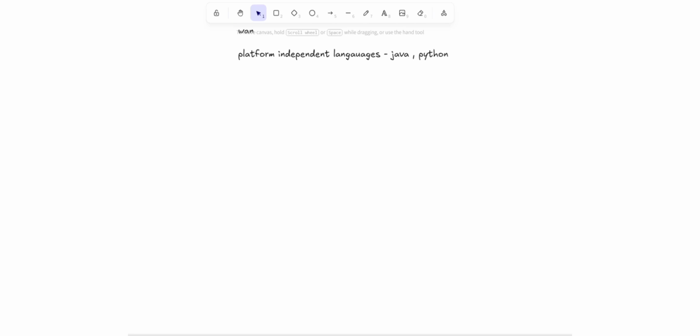The process is: you have the source code, the compiler converts it into bytecode, and the Java Virtual Machine gives you the output, because the JVM exists on different operating systems. So the same Java program runs everywhere.